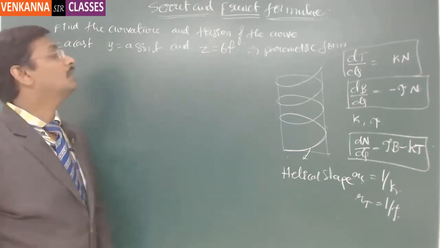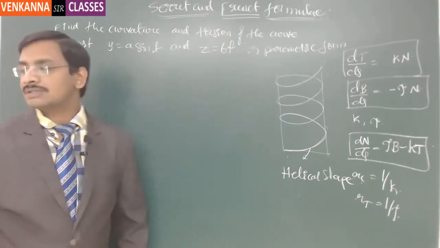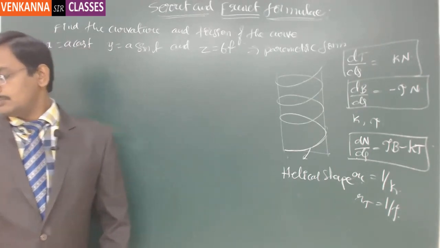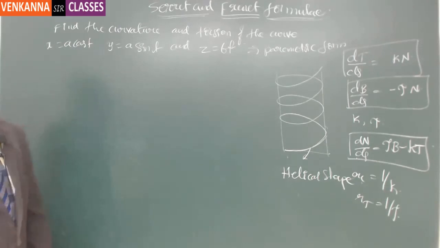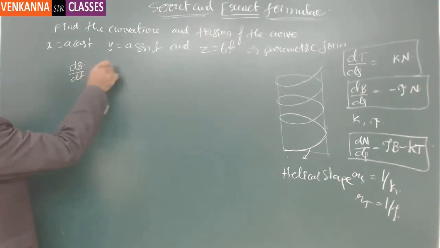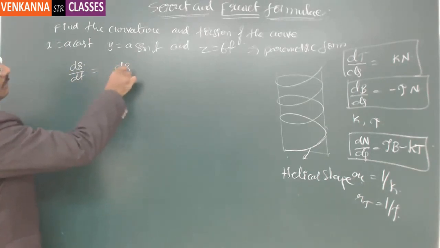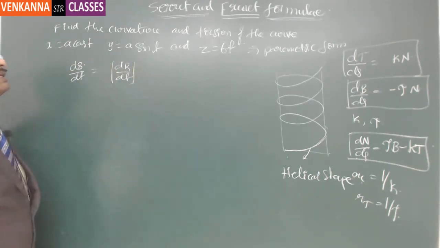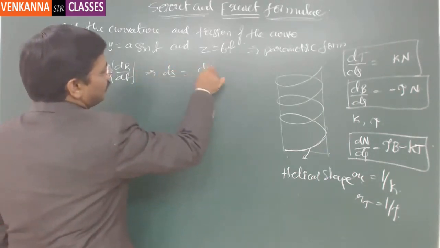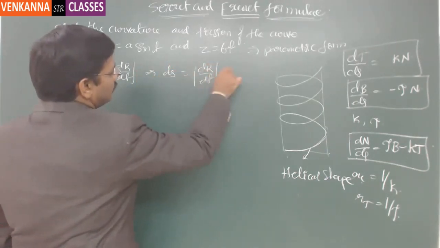We know only the x, y and z locations at any point, right? As I gave yesterday, ds by dt is nothing but the modulus of dr by dt, right? So based on this equation, ds is equal to modulus of dr by dt into dt.